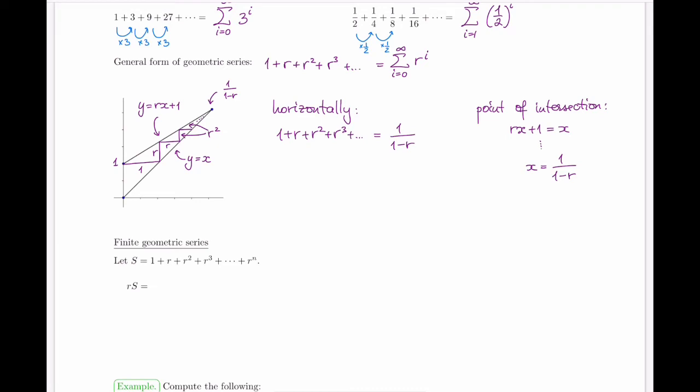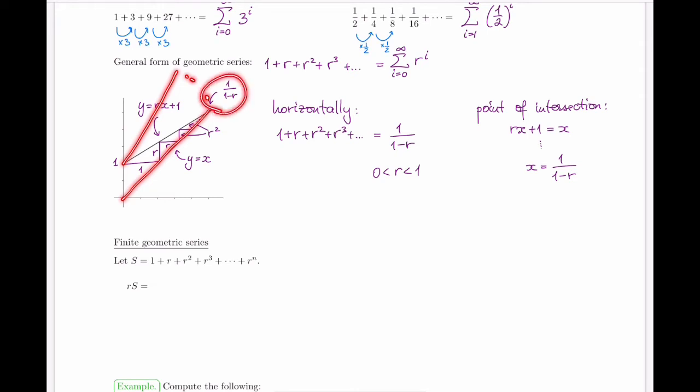This also gives us some idea of why this particular formula has a certain restriction on it. And the restriction is the fact that your r better be between 0 and 1. And that is the case because, look, if my slope r was bigger than 1, this line has slope 1. So if the slope of the other line is bigger than 1, it means that this other line will be steeper, which means that these two lines will never meet.